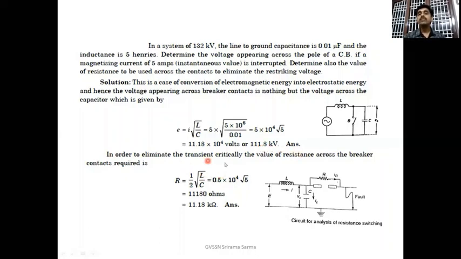So in order to eliminate the transient critically, the value of the resistance across the breaker required is R is equal to 1/2 root L by C. So substituting the L and C values, the resistance required is 11.18 kiloohms. So using these formulas, we can do any problem in resistance switching and current chopping. Thank you.